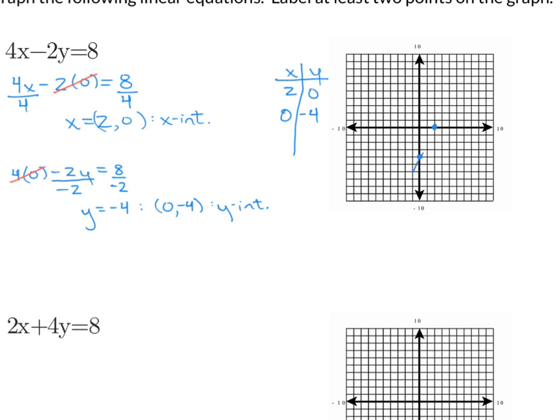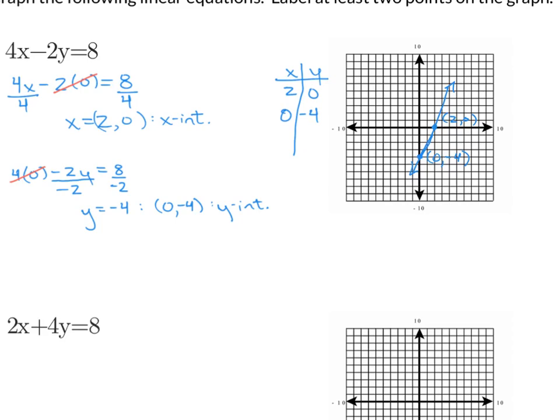And then we want to go ahead and draw our line. We should go ahead and label our points. So our x-intercept was 2, 0, and our y-intercept was 0, -4. And sorry, it doesn't come out looking any better than that.